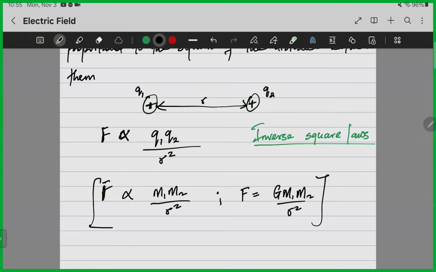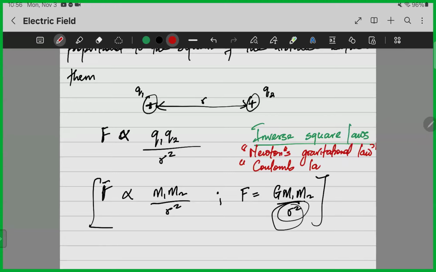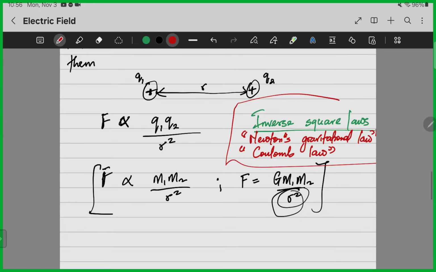There is always this over r square. In physics, we call that inverse square laws. So we can say Newton's gravitational law, and also Coulomb's law, fall under that segment of inverse square laws. That one was when we were dealing with the gravitational field.